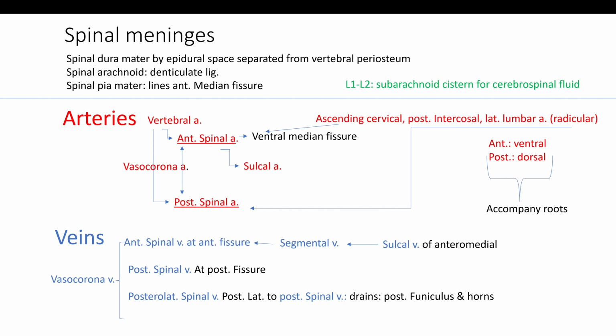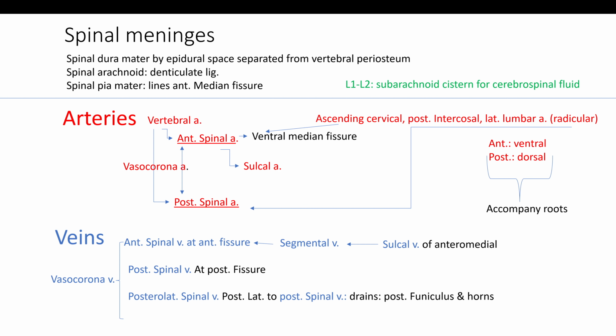Only the anterior spinal artery does. It receives segmental support from radicular arteries, divided into anterior, to the ventral spinal artery, and posterior, to the dorsal spinal artery, accompanying the roots of the spinal nerve. The vasocorona artery connects the segmentally anterior spinal and posterior spinal arteries.